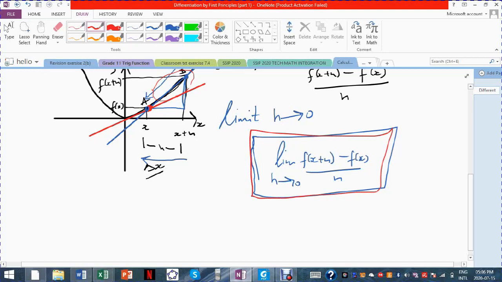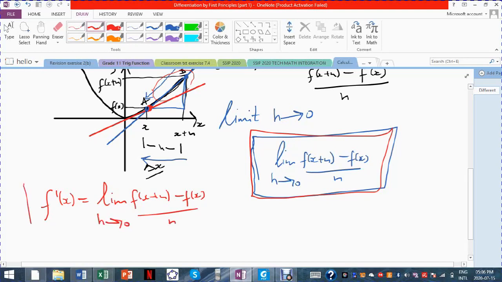This expression is actually a formula of this form, f prime of x. Remember, this is the function f of x. So f prime of x, which means any function defined by x, will be equal to the limit of f of x plus h minus f of x all over h when h goes to 0.